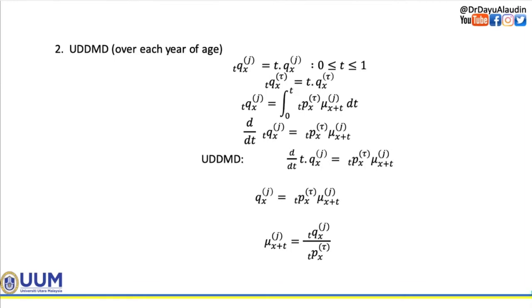Second assumption, UDD-MD over each year of age. So UDD, where ₜq_x^τ is equal to t times q_x^τ. Then we differentiate, we get ₜp_x^τ μ_(x+t)^(j).